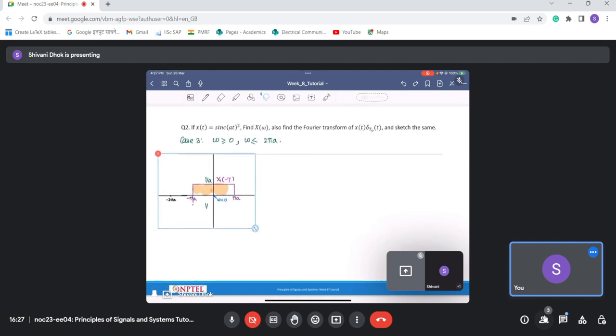So this will be a situation something like this, where this omega is somewhere here, this is omega plus pi a, this is omega minus pi a, and this is 2 pi a, and again the region of overlap is somewhere here, something like this.